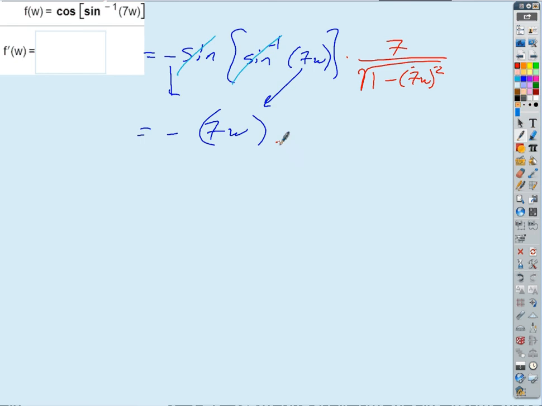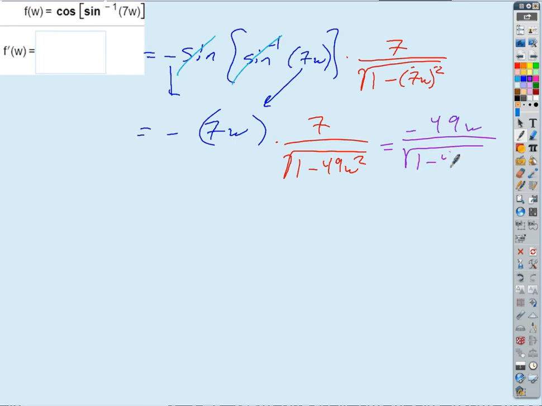So this is going to give us 7 over the square root of 1 minus 49w squared. Right, so our final answer then would just look like negative 49w over the square root of 1 minus 49w squared, right? And then we'll see if that's exactly what we got. Should be, yeah. Okay? Make sense?